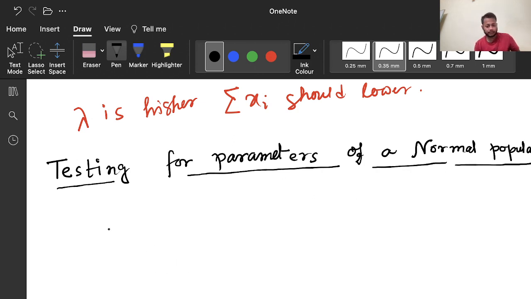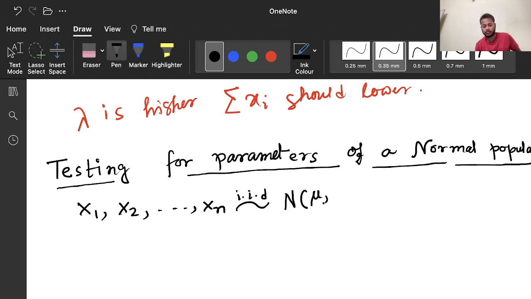So suppose x1, x2, ..., xn are independent and identically distributed random variables, and their distribution is normal with mean mu and variance sigma square.